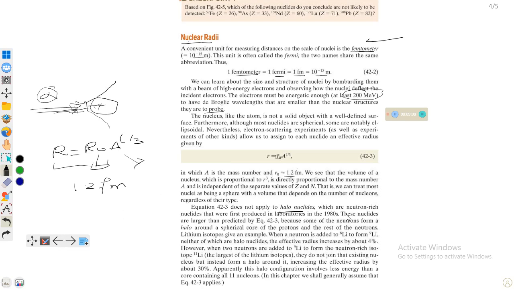So we cannot use this formula for halo nuclides, those atoms which have a greater number of neutrons, and for the rest of the atoms we can use R equals R naught A power 1 over 3.